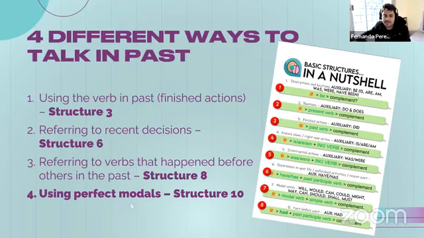like perfect models. As you see, the perfect model structure contains a lot of components. It has one have auxiliary, and then the verb past participle, which is a particular structure that we use a lot in our speech, but it's complicated to build, right?